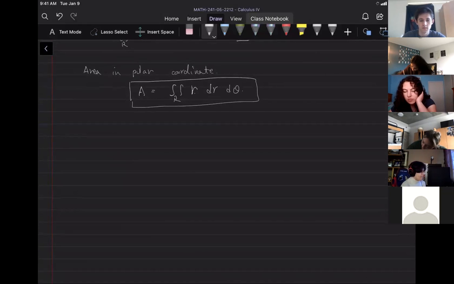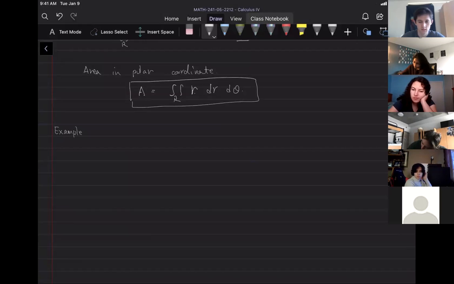Now let's take a look at example 3. We're going to find the area of some polar curves. In Calculus 3, we did a similar problem, but it was very complicated. But right now, let's see if we do it with a double integral, can we make this easier?